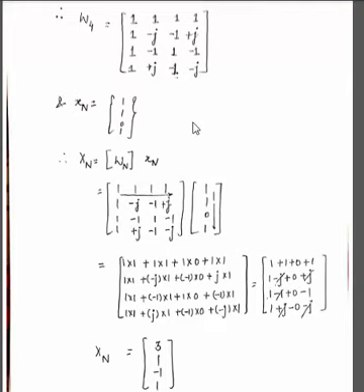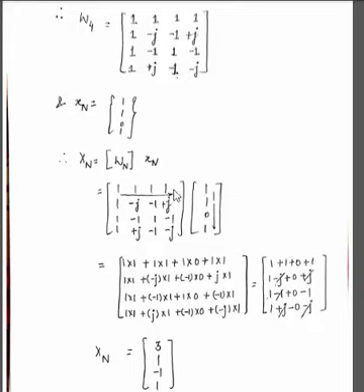Now the input sequence is already given, that is 1 1 0 1 in matrix form. So the DFT formula in matrix form is DFT of x of n is equal to the twiddle factor matrix into the input sequence in matrix form, and this is the twiddle factor matrix and this is the input sequence in matrix form.